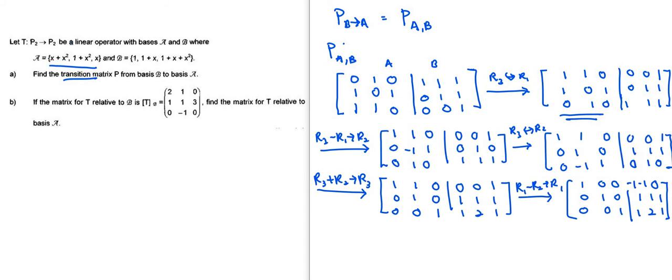So we have reduced this matrix until we get identity on this side. So our transition matrix P will be the matrix that we have on the right hand side. So P_AB is equal to negative 1 negative 1 0, 1 1 1, 1 2 1.